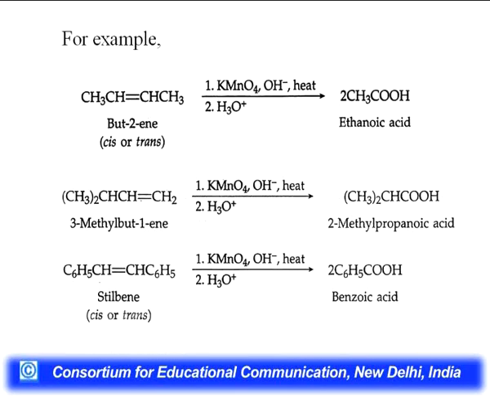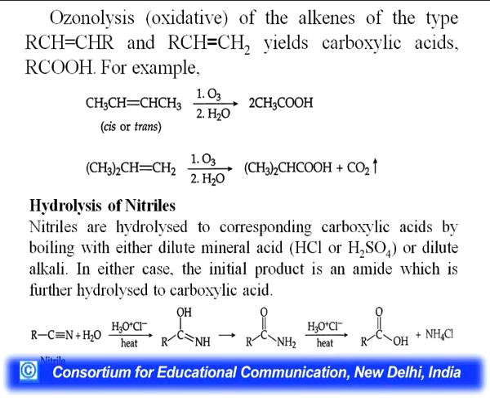There are examples. First of all we are taking but-2-ene, which will give you ethanoic acid, and 3-methylbut-1-ene will give you methylpropanoic acid. Stilbene will give you benzoic acid. Ozonolysis of the alkenes of the type RCH=CHR and RCH=CH2 yields carboxylic acid.